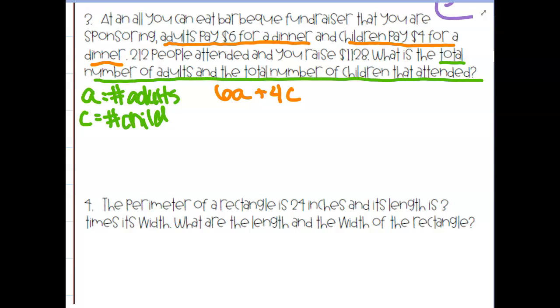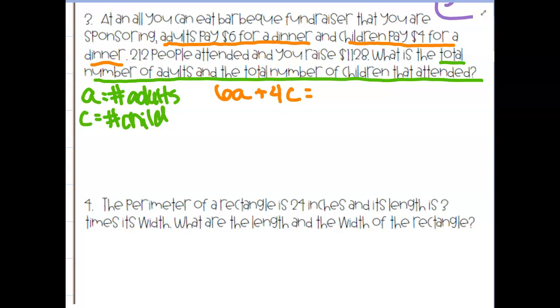Now here's the thing. When you're trying to decide what to set this equal to, you have to be able to go back and decide what information this gives me. When I take $6 times the number of adults, so like if A was 10, it'd be 6 times 10, which is 60. What does 6A tell me? A tells me how many adults there were.